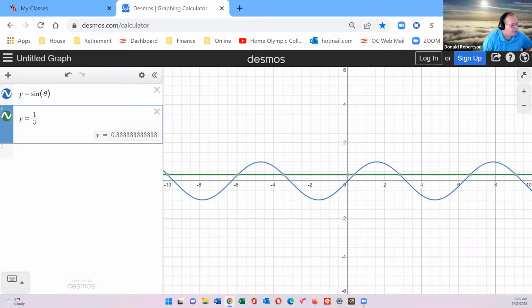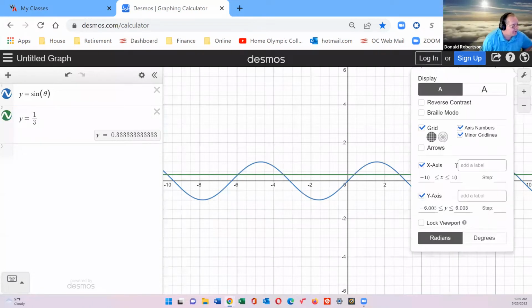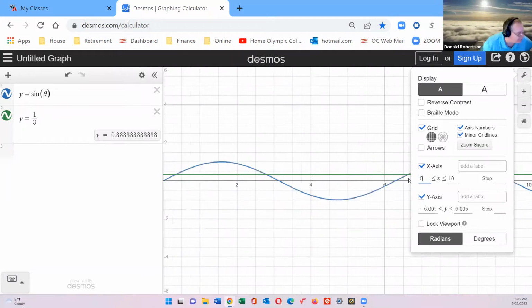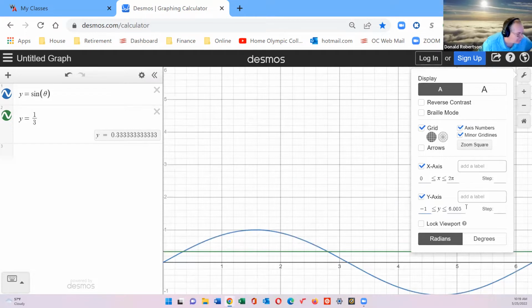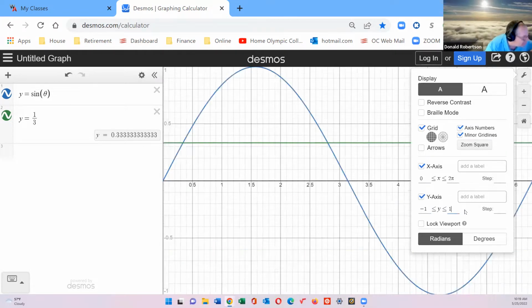And I'm going to go over here and say, let's just do 0 to 2 pi. And the y values, just to make it a little bit easier to see, I'm going to do a y value from -1 to +1. So I'm just adjusting the windows to make my picture a little bit cleaner.